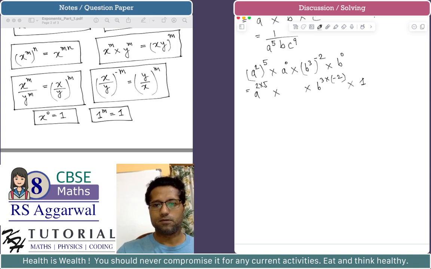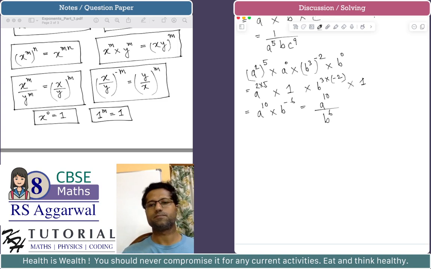So now this is equal to a raised to the power 10 multiplied by b raised to the power minus 6. This is equal to a raised to the power 10 divided by b raised to the power 6, because b to the minus 6 is equal to 1 by b raised to the power 6.